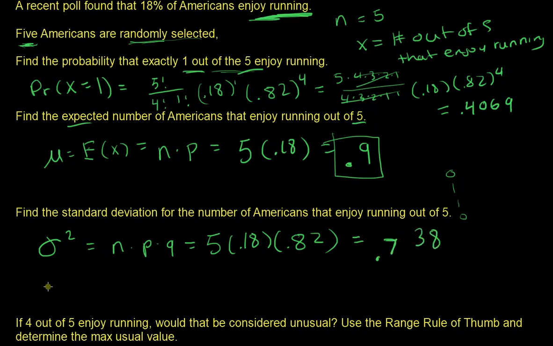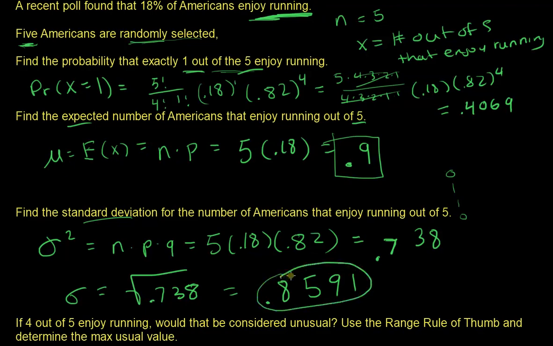Okay, so that's the variance. But the question says standard deviation. So to find standard deviation, when you have a variance, just take the square root. So take the square root of the variance, and we get 0.8591 if you round to 4 decimal places. Okay? All right.